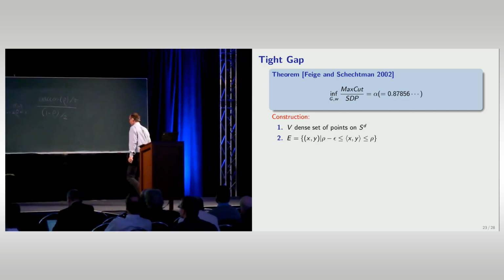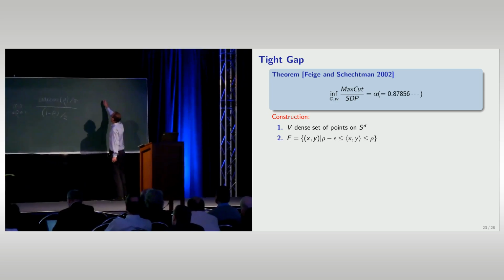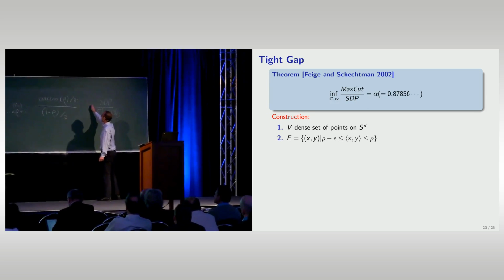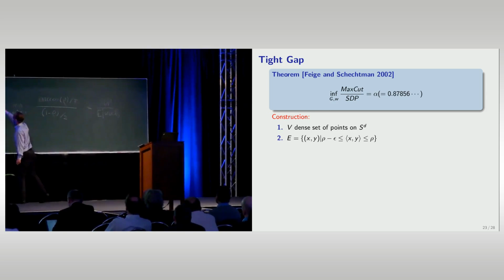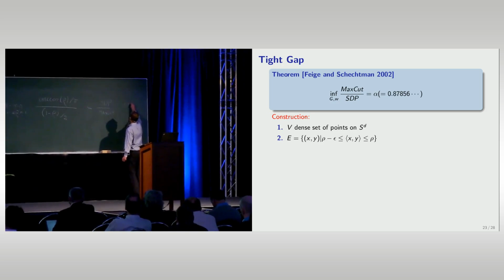So I showed that if you look at the SDP value divided by the expected value of the cut, this ratio is always at least this 0.878. But in fact, you could break this ratio into two. You could view it as the SDP divided by the max cut, and the max cut divided by the expectation.